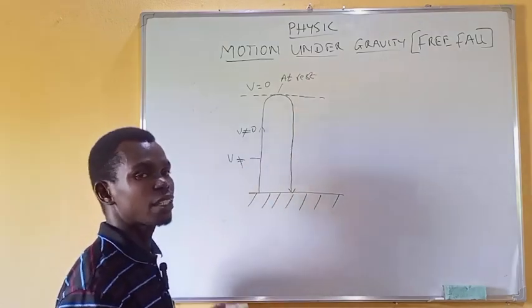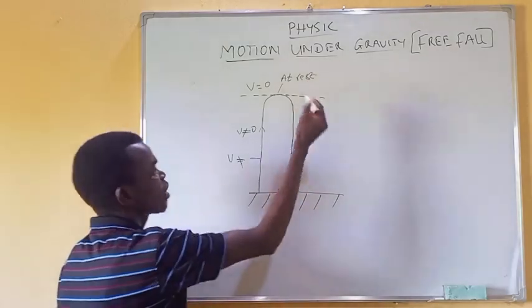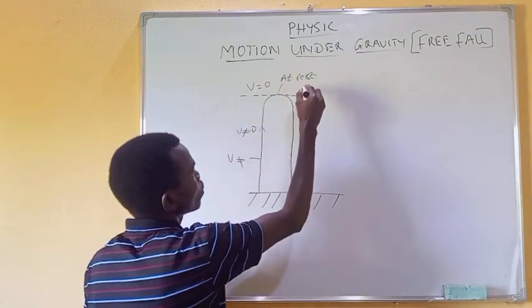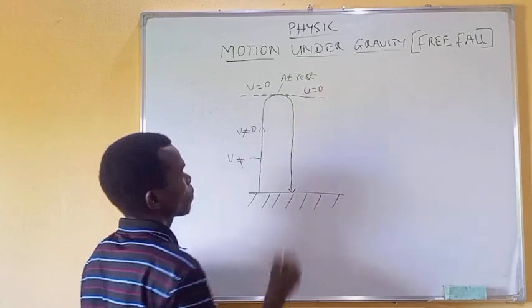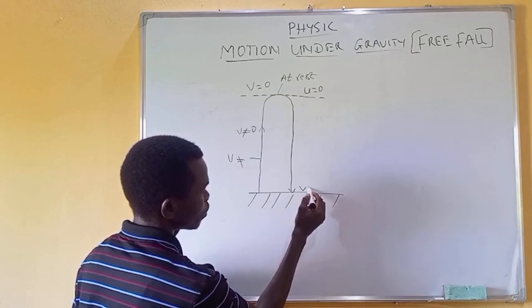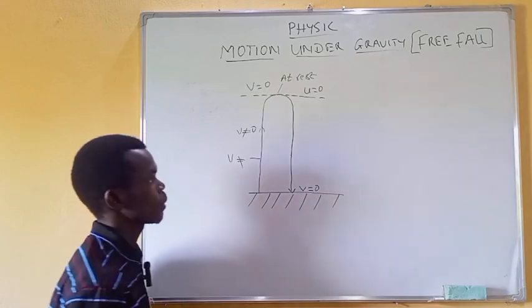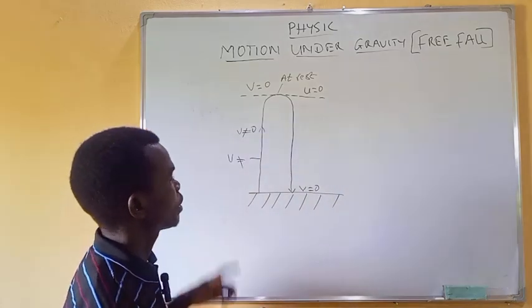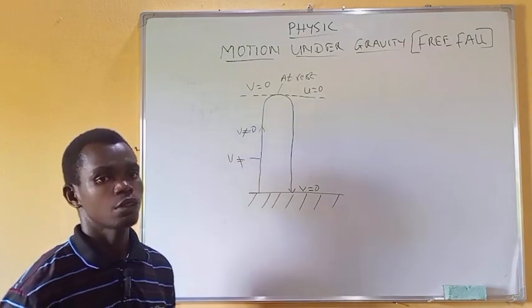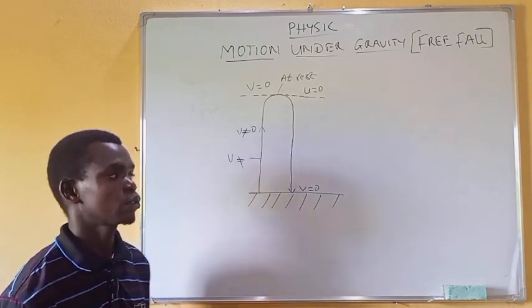When it is returning downward, the initial velocity of the body coming down will be equal to 0, while the final velocity can never be equal to 0.